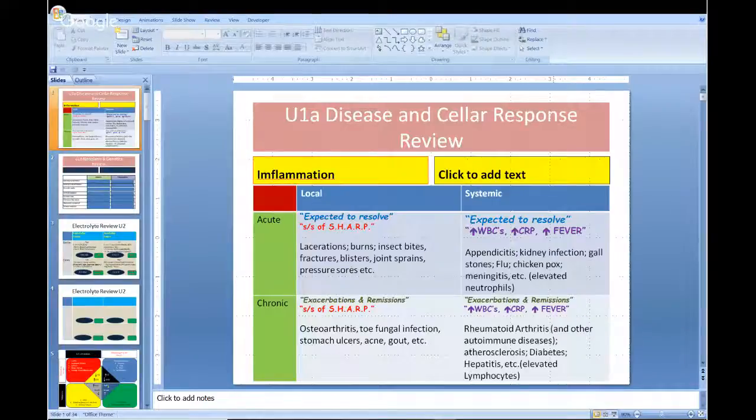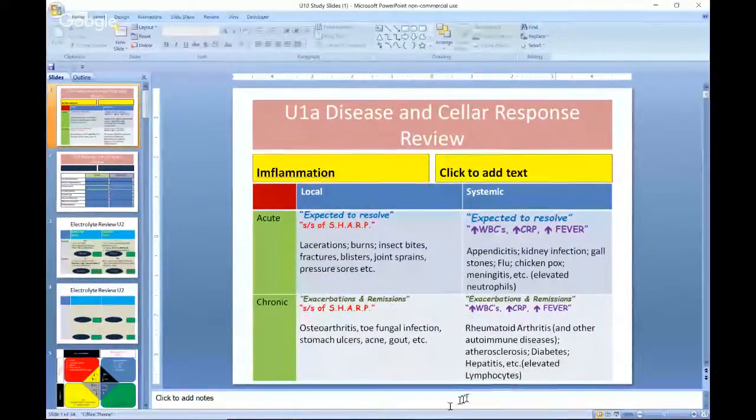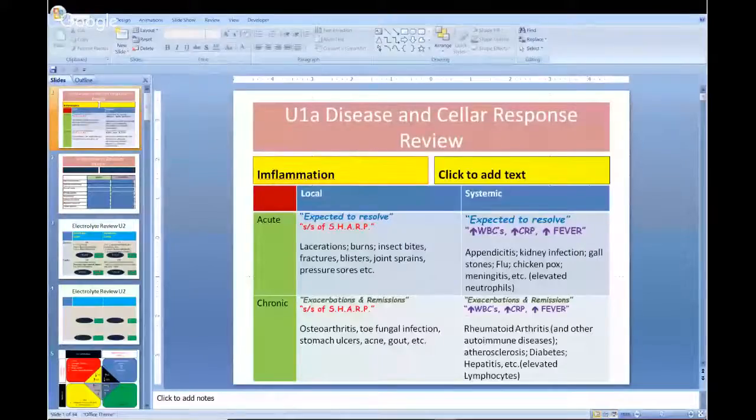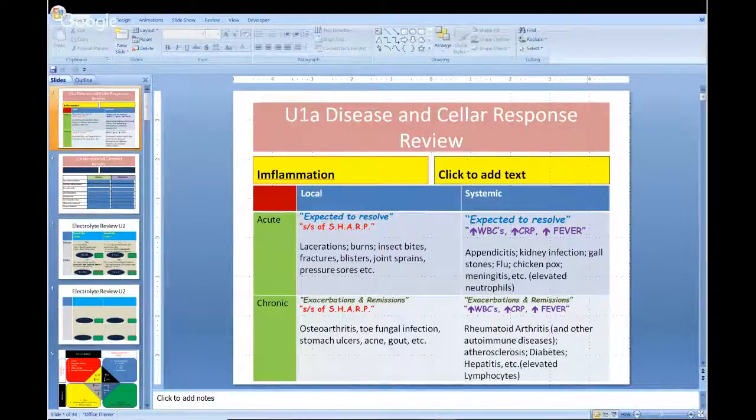So now that you kind of know where I'm going mentally with that, look at local and tell me what's the same with local acute and local chronic injuries. What's the phrase that repeats in local as you move down from acute injury to chronic inflammation? Sharp?